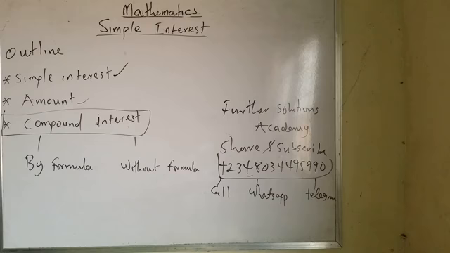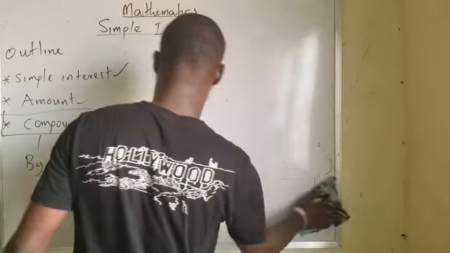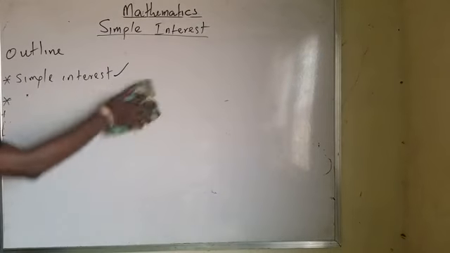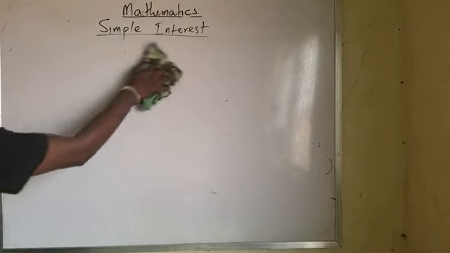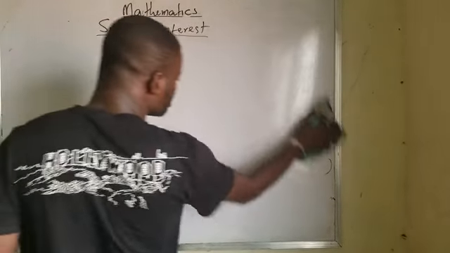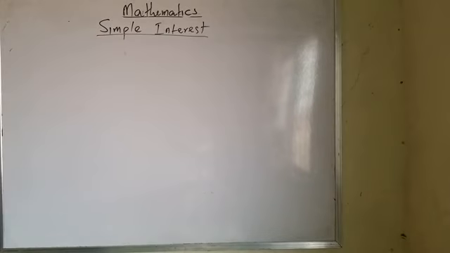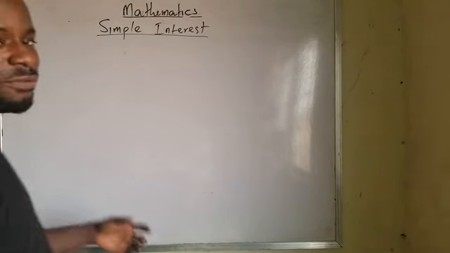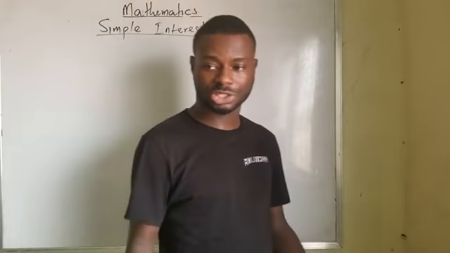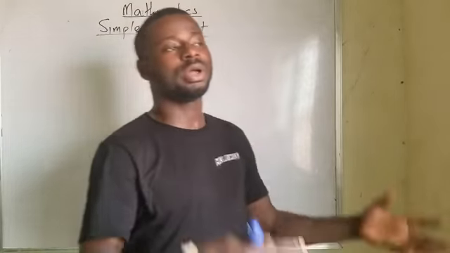Okay, now let's start. When we talk about simple interest, you must understand the logic. It's very simple. As a mathematics concept, it starts from elementary, the primary school level.